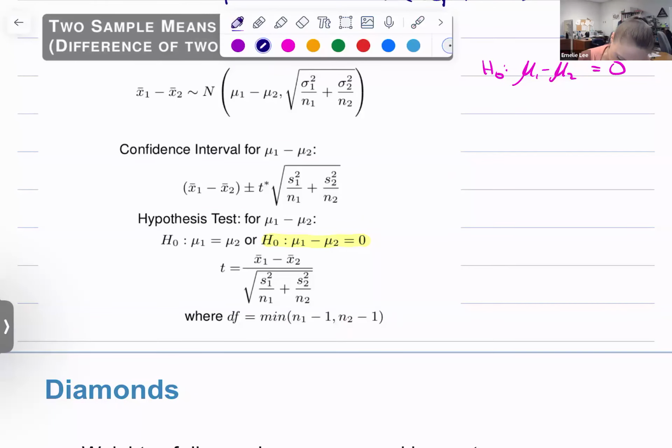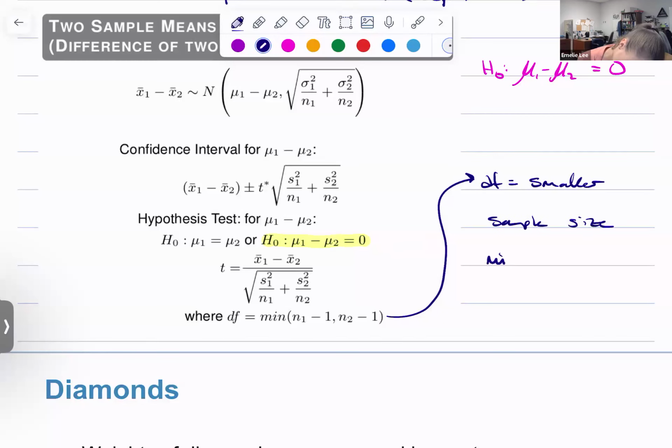So the degrees of freedom is the smaller sample size minus 1. This gives us a conservative estimate for the degrees of freedom, and that's totally fine.